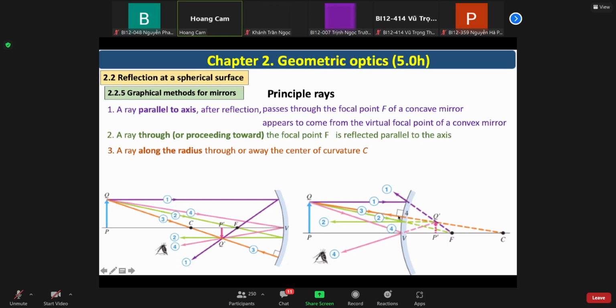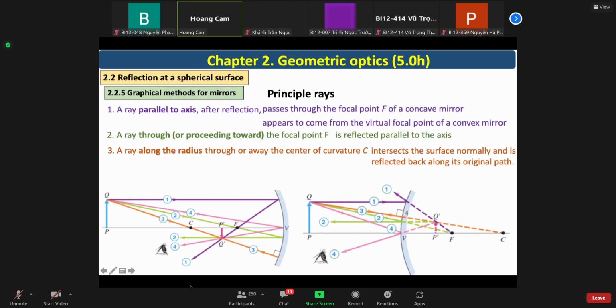So we only say the light ray is along the radius. It intersects the surface normally, and is reflected back along its original path through the center of curvature.